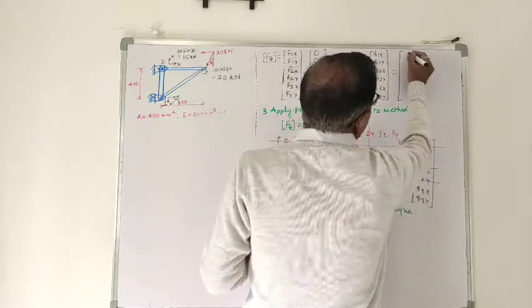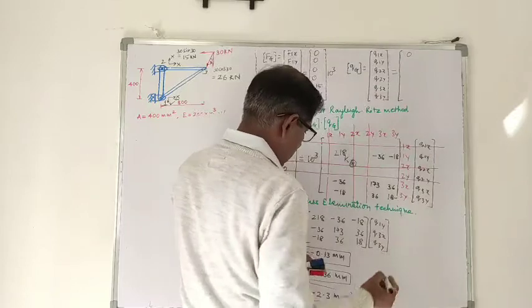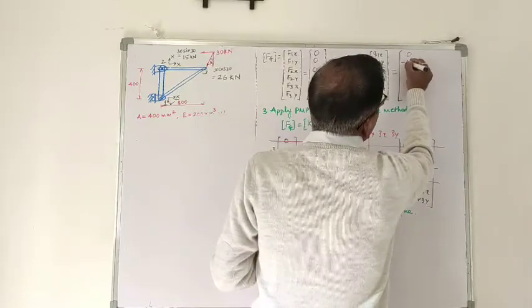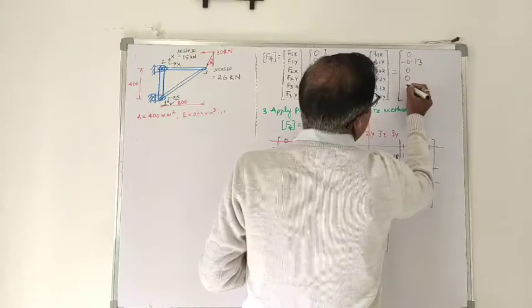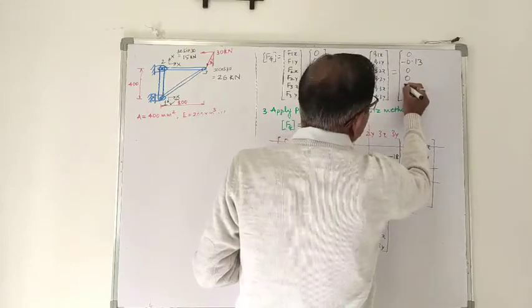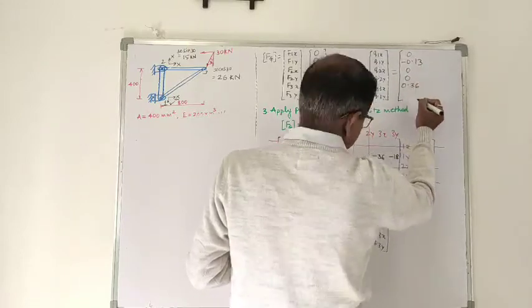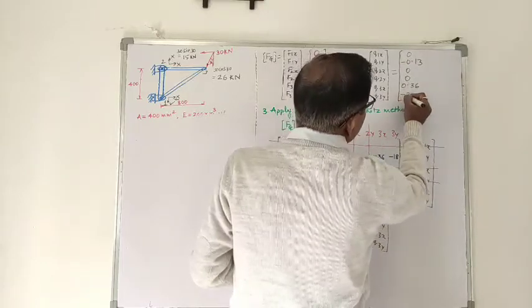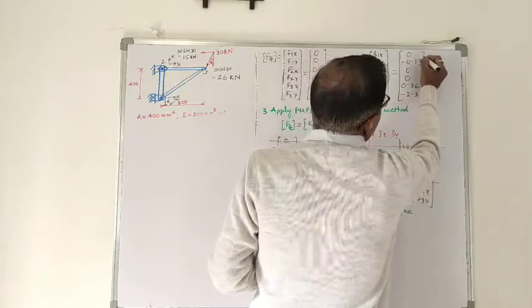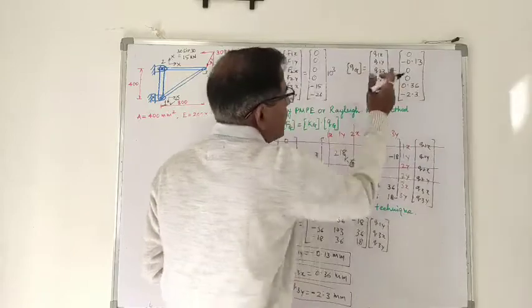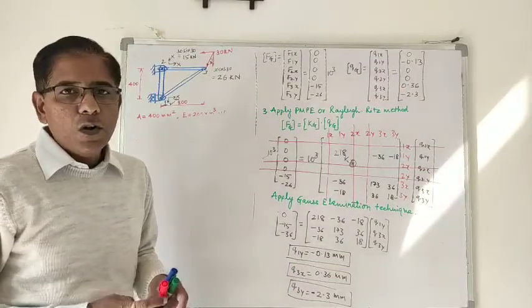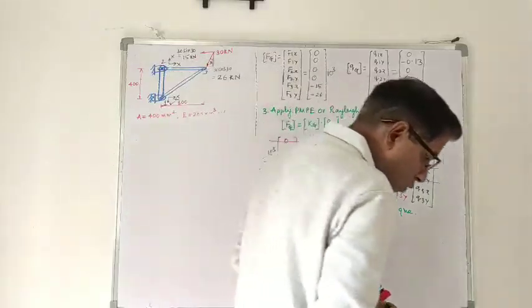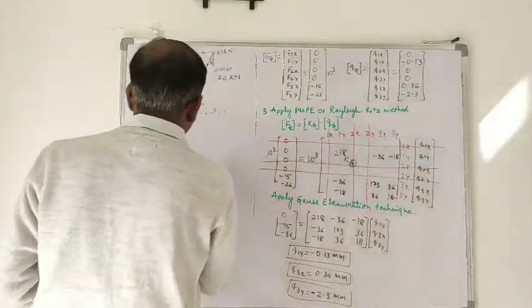So Q1x is 0, Q1y is minus 0.13, Q2x 0, Q2y 0, it is 0.36, and last is minus 2.3. So this is the displacement values at the nodal positions. Now stresses.